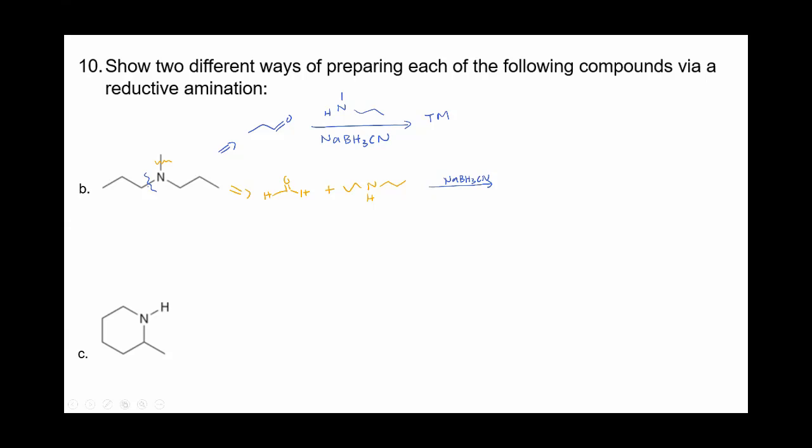All right, C is kind of tricky because it is a ring. So if I made my break right there, I would have this carbonyl. So number my carbons. The carbonyl was 1, 2, 3. This is 5, and on 5 there was a nitrogen, and then H2. So we would just have this structure, plus NaBH3CN.